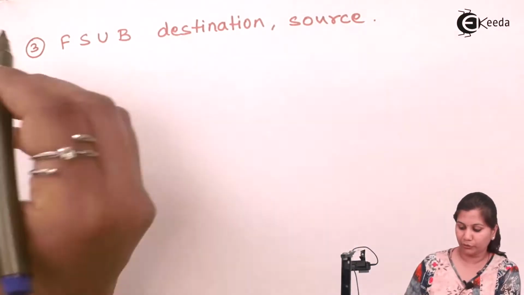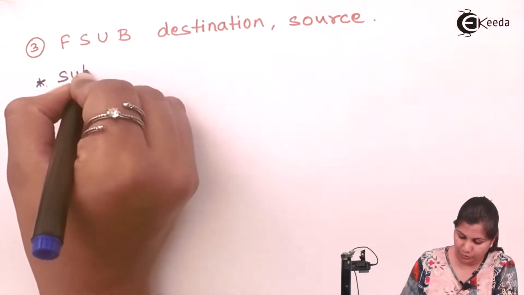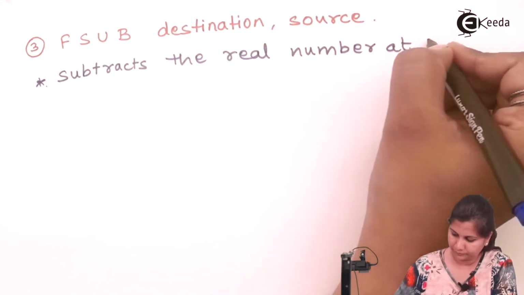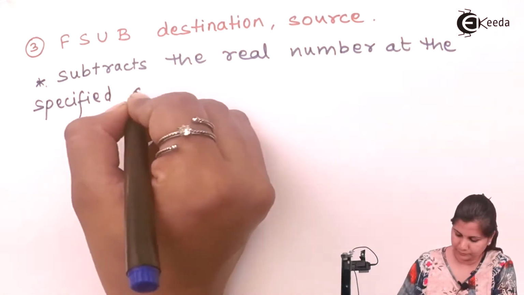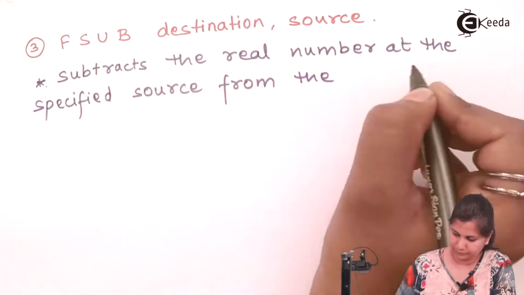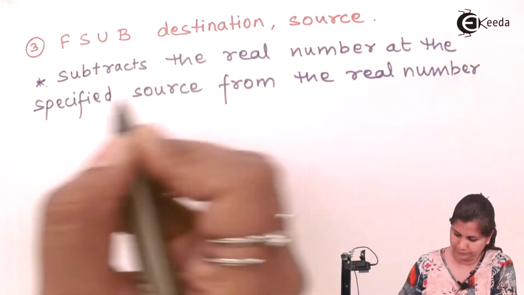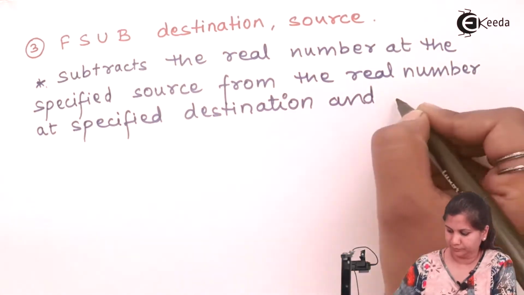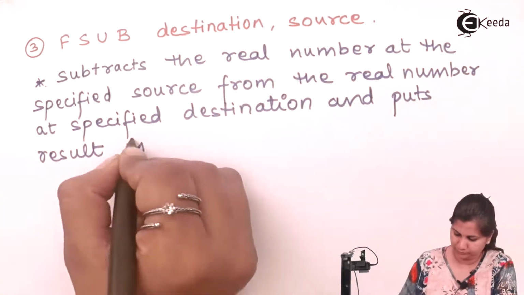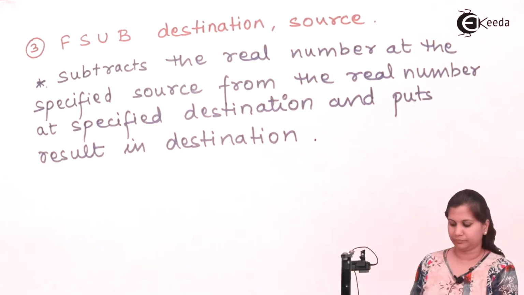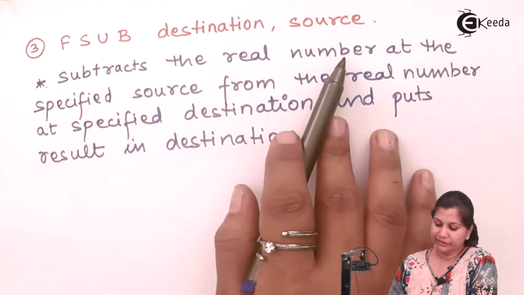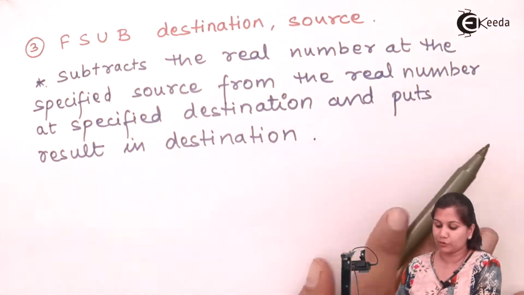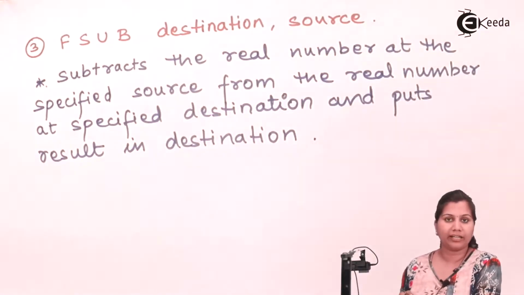What this instruction is going to do? It is going to subtract the real number at the specified source from the real number at the specified destination, and it is going to store the result at the specified destination.